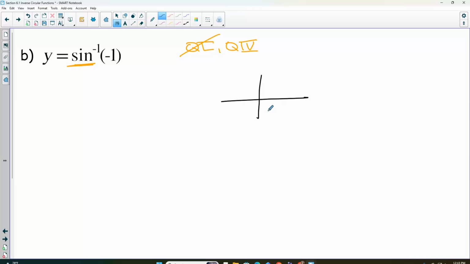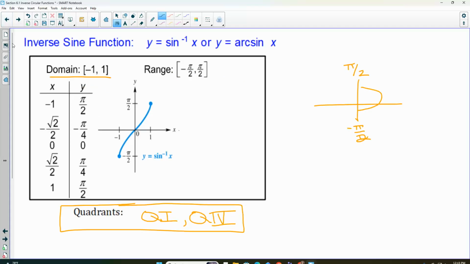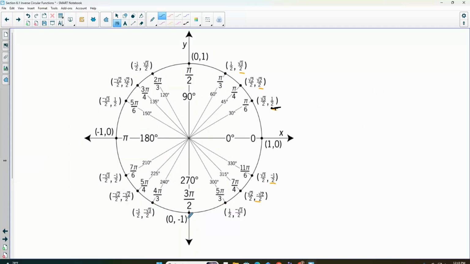Think about the unit circle. Sine is the y. Y is -1 right here.